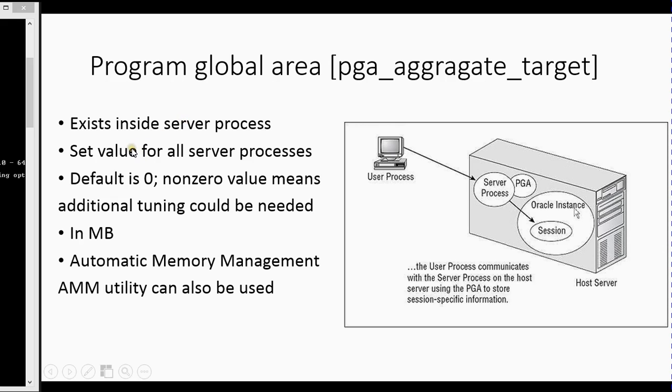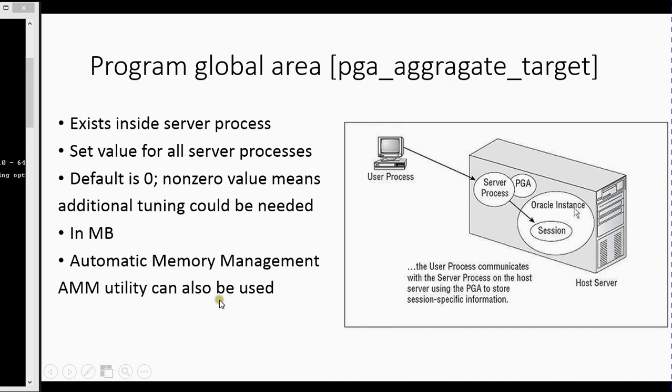As I just said, the program global area exists inside of the server process, and you set the value for all of the server processes. Again, this is really important: the default is 0. When I say default 0, I'm assuming you'll be using automatic memory management, which is one of my other bullet points.